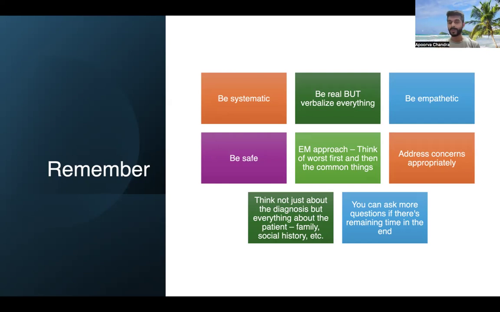So you need to think about the family and social history. If there is somebody else at home who is usually being taken care of by the patient, are they able to cope on their own? Do we need to arrange for any social services support? So you need to think about other things apart from just the diagnosis and the plan or the treatment as well. So always remember this whenever you make a plan.